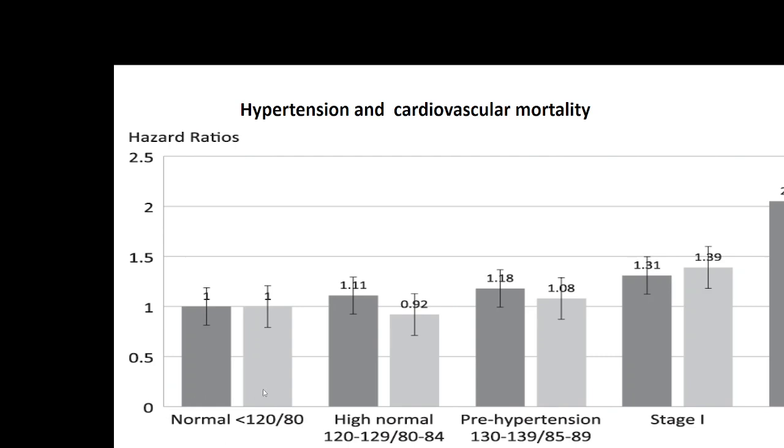If the cardiovascular complication risk is considered to be 1 in a patient with a normal blood pressure of 120 over 80, then for a patient in stage 2 hypertension, where the diastolic pressure is more than 110, it is considered to be 2.06. So that's how the risk of cardiovascular mortality is increased, both in male and female.